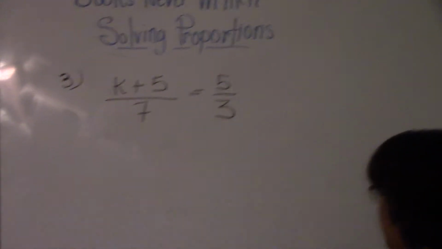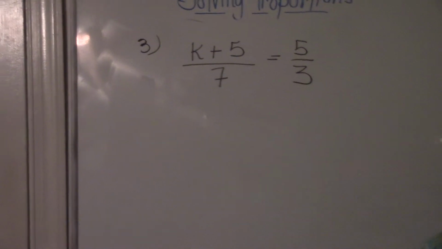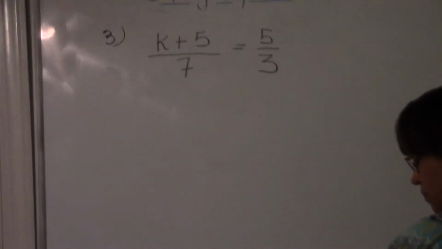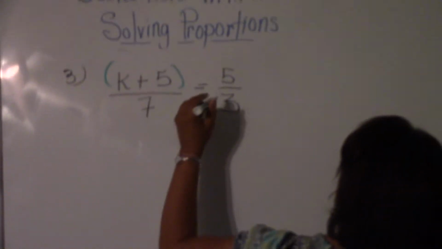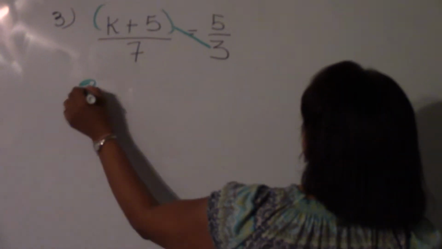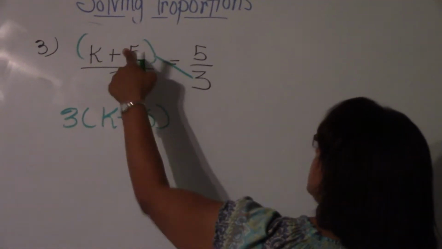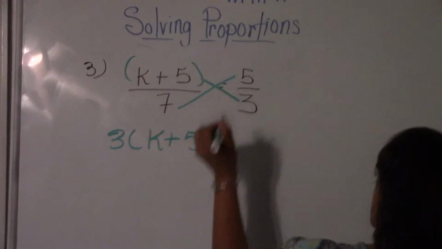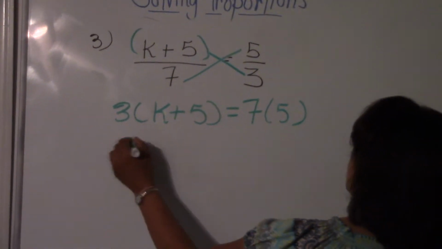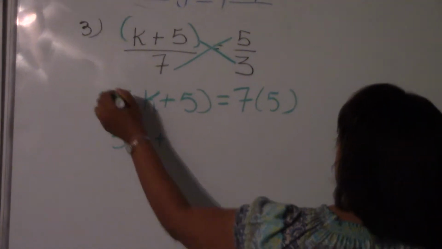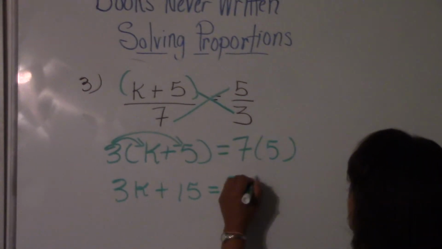So here it just looks a little different because you have k plus 5 only one time. You have a binomial, but all you do is cross multiply. So what we're going to do is put our parentheses and then cross multiply. This might make it look a little neater if I just do it like that. So 3 times the expression k plus 5 is equal to 7 times 5. So it's 3k plus 3 times 5, which is 15, equals 35.